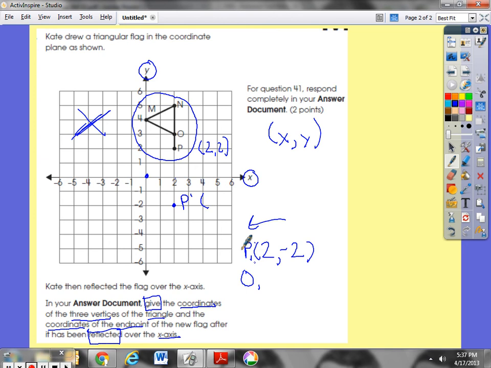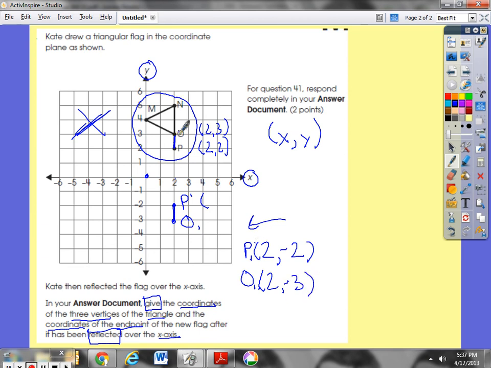Let's look at the next value, O. O originally was at 2, 3. If you notice something here, when I'm reflecting over the x-axis, the x value stays the same. It is the y value that becomes the opposite. P and O are 1 apart, so they'll be 1 apart here. So O is at 2 again, but now instead of being +3, it's -3.